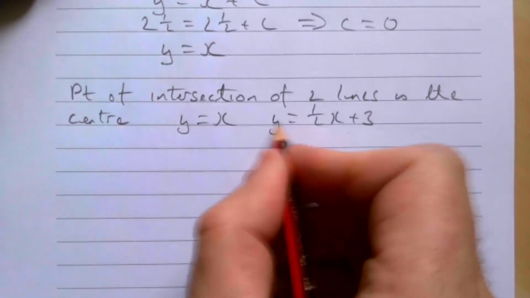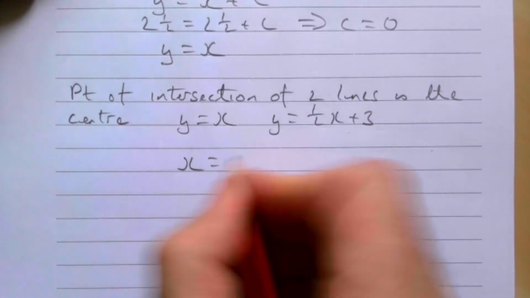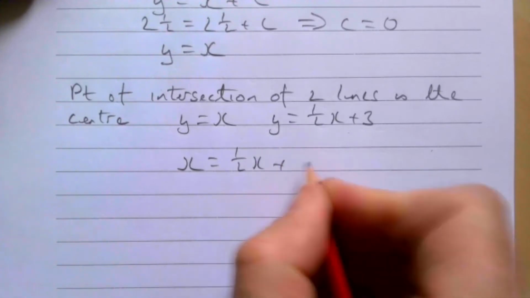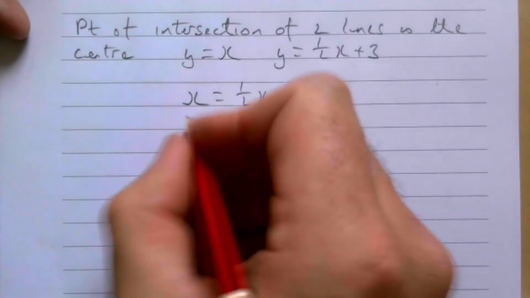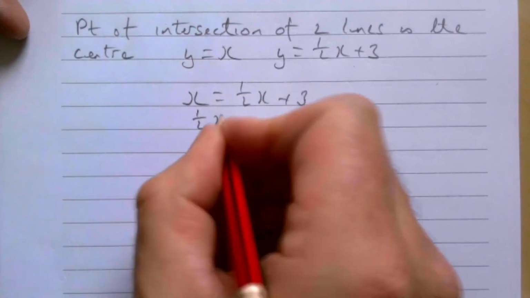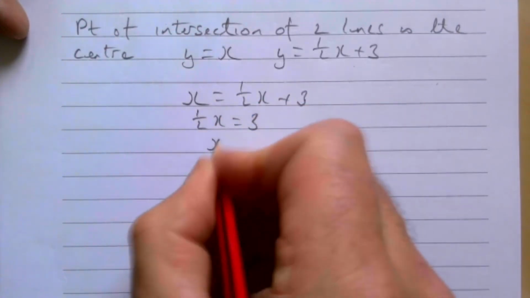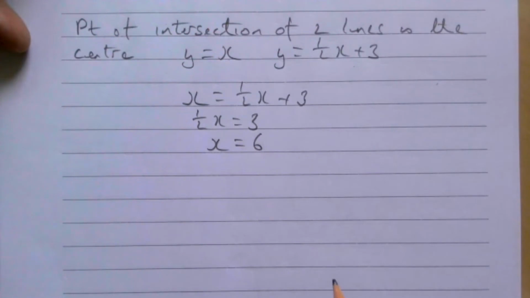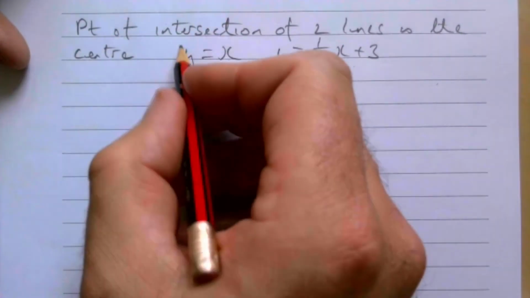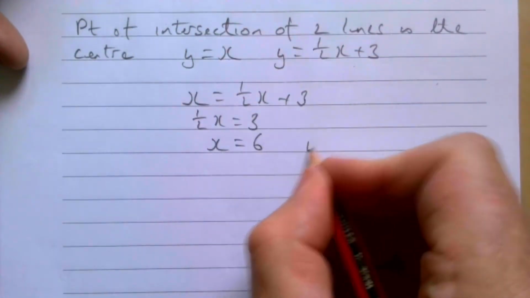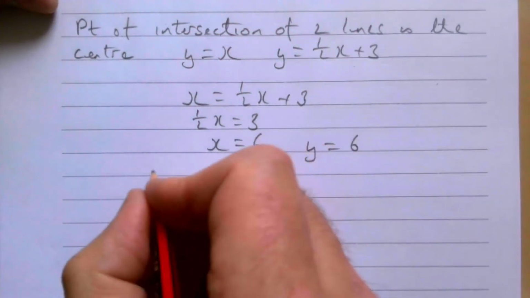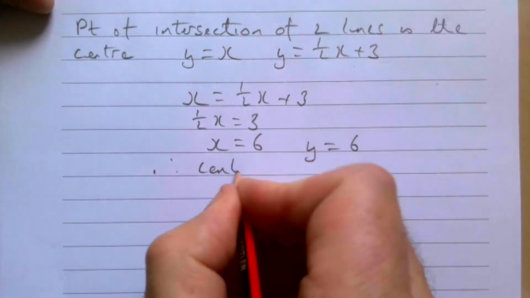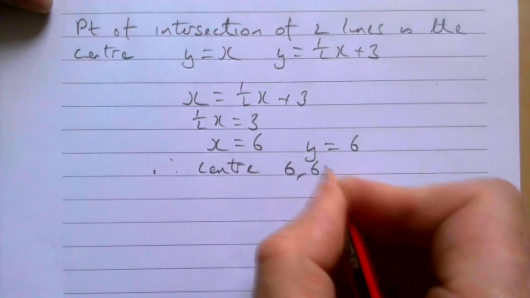So y equals x, and we have that, so I'm going x equals a half x plus 3. Take away half x from both sides, I get a half x is 3, and that gives me then x is 6. Substituting it in y equals x, then y is 6. So my centre then is going to be (6, 6).